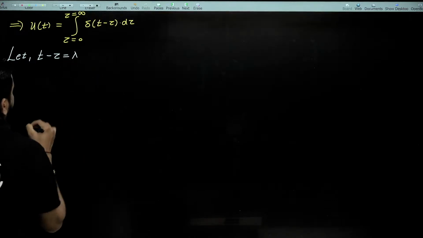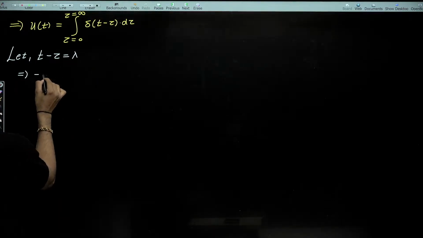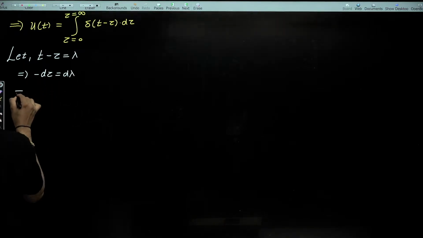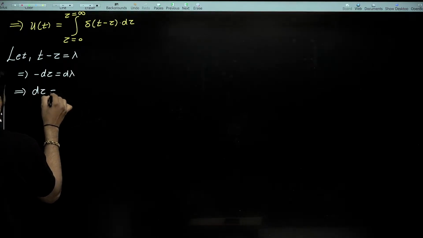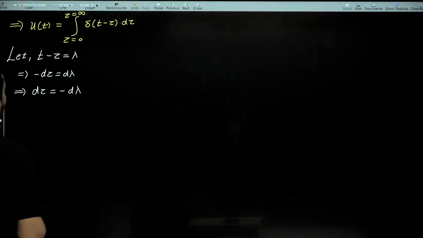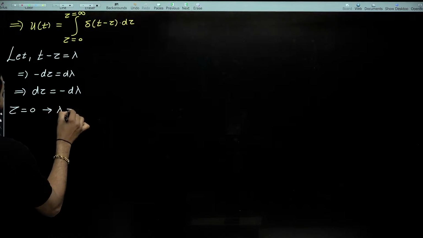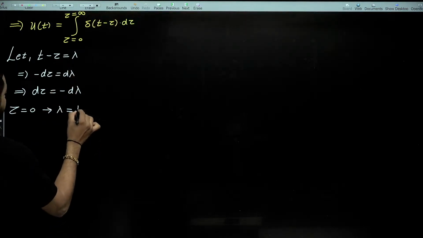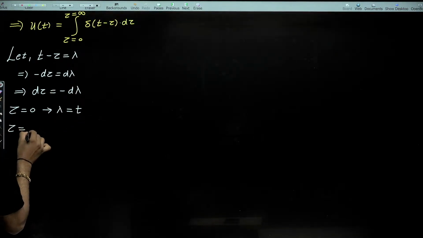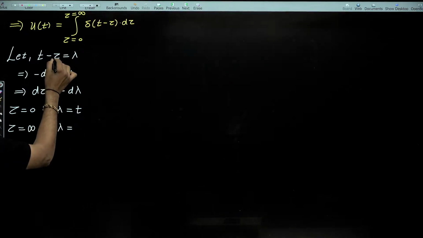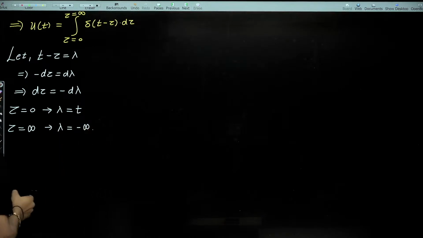Then minus d tau equals d lambda, which implies d tau equals minus d lambda. Now as tau equals 0, lambda is t. As tau equals infinity, lambda is minus infinity.